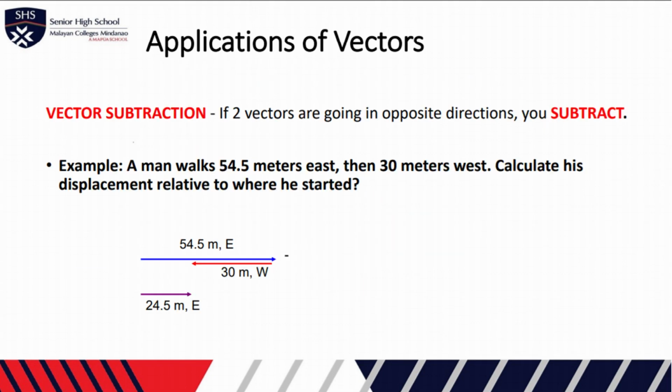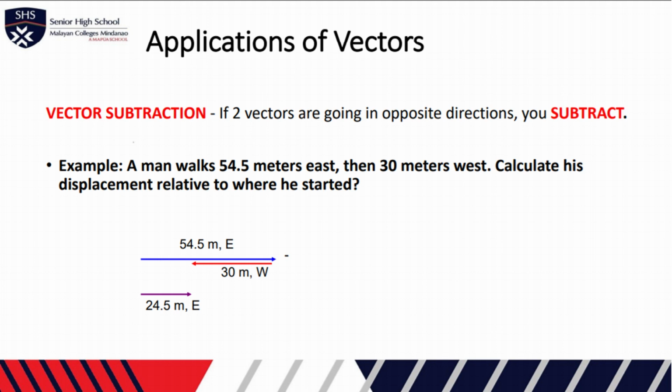Next one is vector subtraction. In vector subtraction, if there are two vectors going in opposite directions, you may subtract them. Earlier, if vectors are going in the same direction, you can add them.